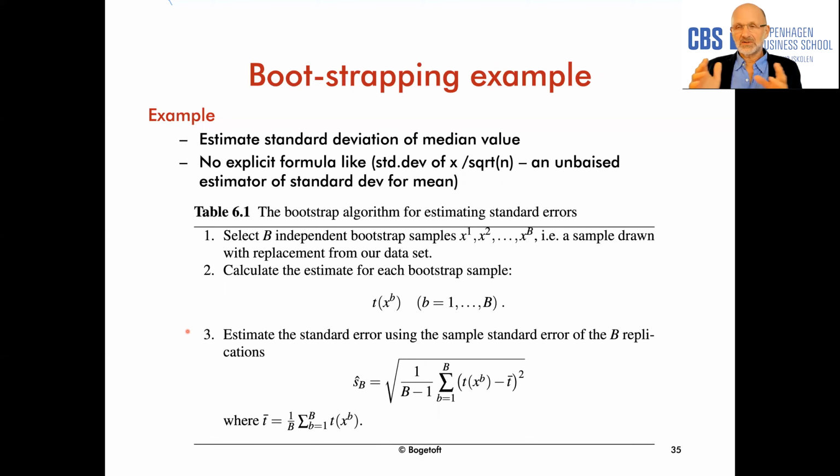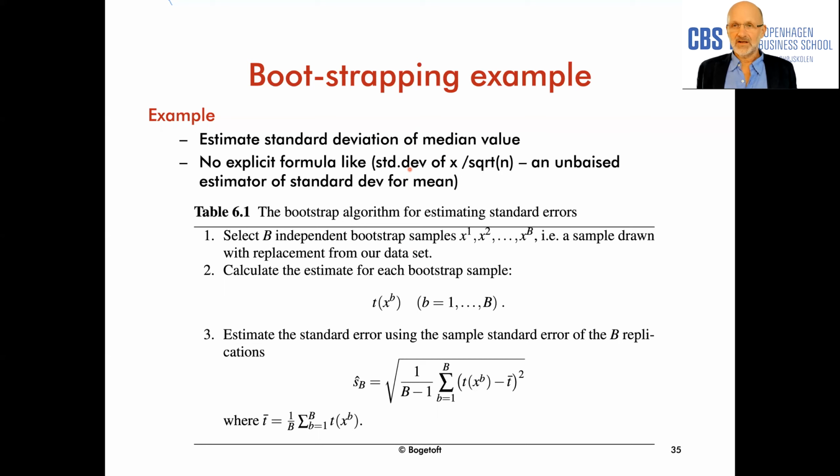Actually, there's no simple formula for the standard deviation of the median observation. If it had been the mean, then we could take the standard deviation of the variable itself and divide that by the square root of n. But in the case of the median, there's no easy way to find the standard deviation. So how could you do that anyway?